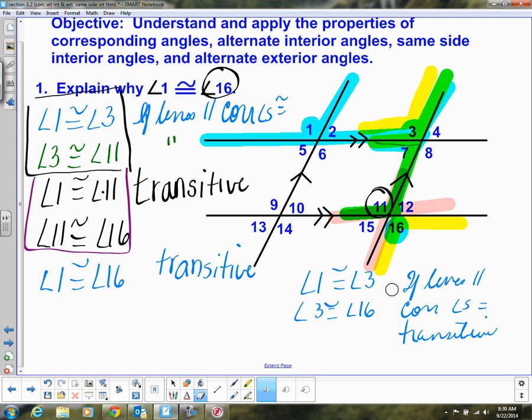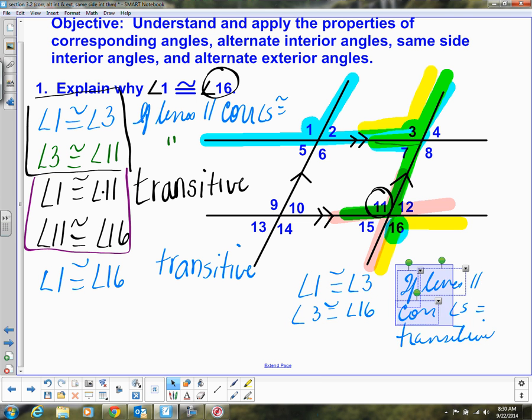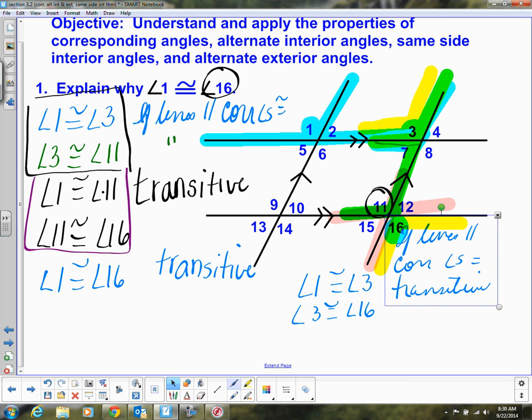All right. I wonder if that disconnected him. That is for the top, and this one he would have said if lines are parallel, alternate exterior angles are equal.